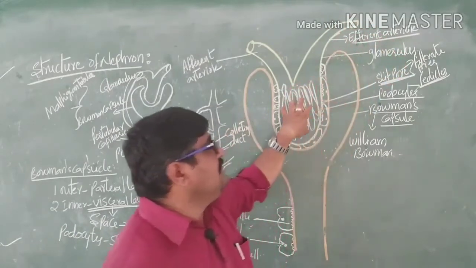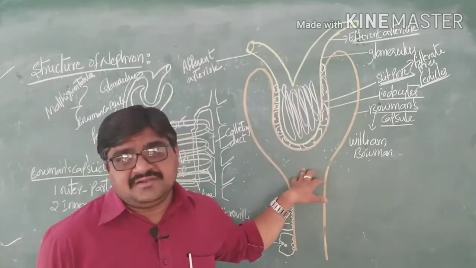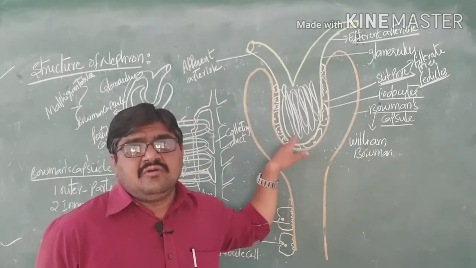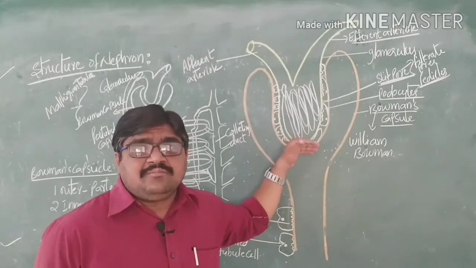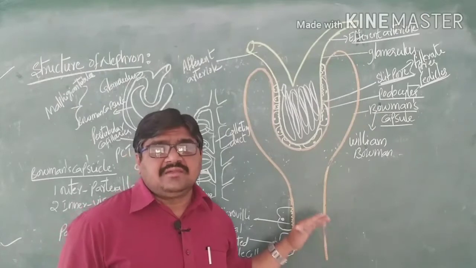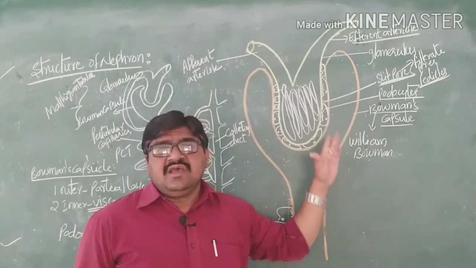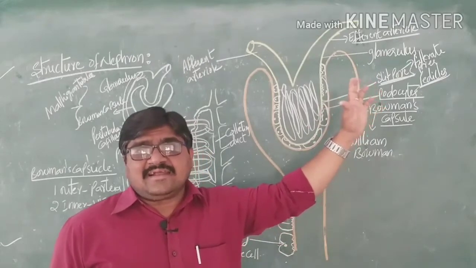Here the blood is filtered, and the filtrate enters the nephric filters, that is, the Bowman's capsule. From Bowman's capsule it passes to the proximal convoluted tubule, then to the loop of Henle, then to the distal convoluted tubule, and from the distal it connects to the collecting duct.